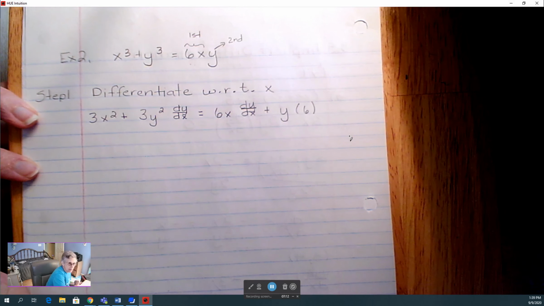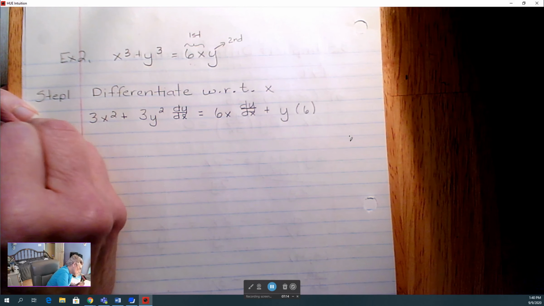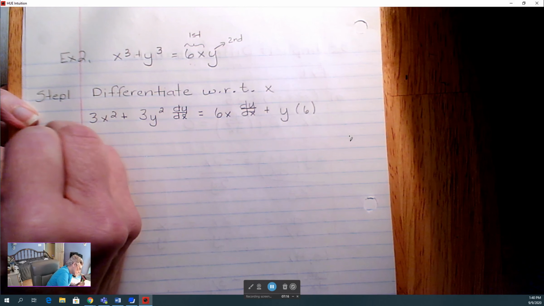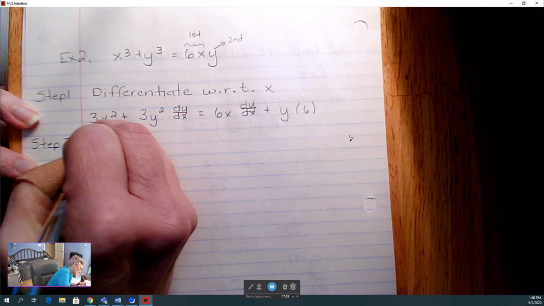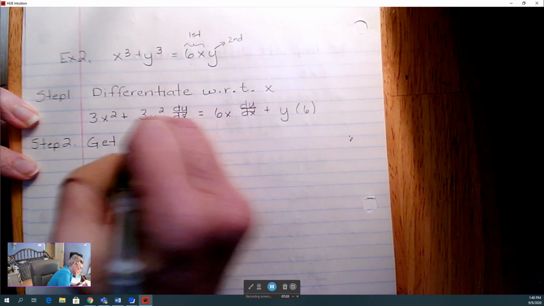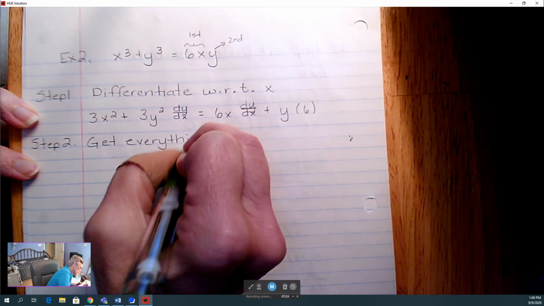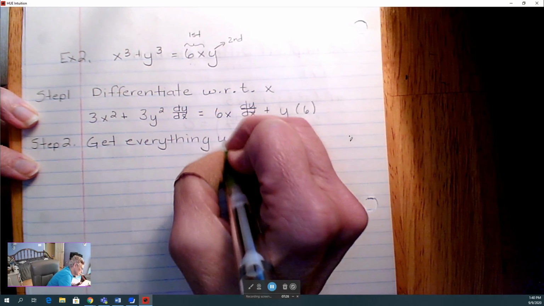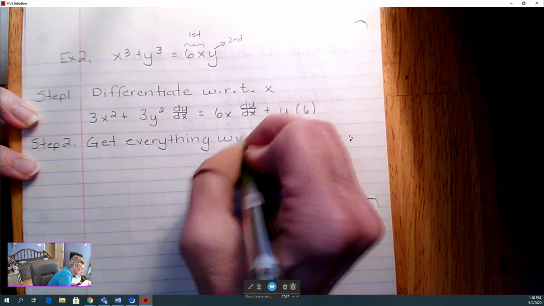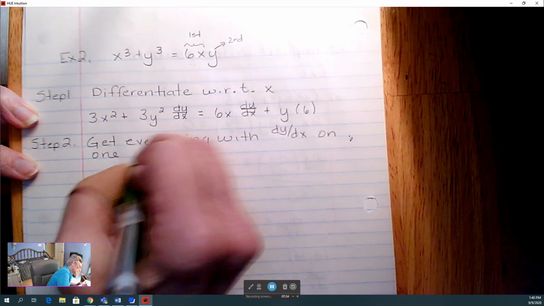We could simplify that a little bit, but I'm going to do that together with step 2, where I get everything with dy dx on one side of the equal mark.